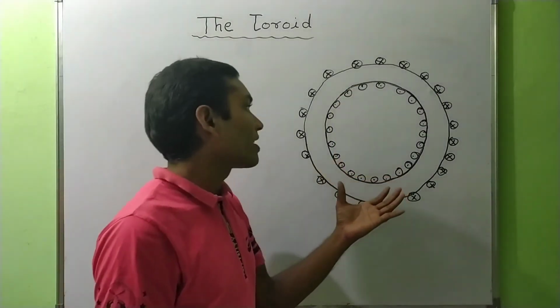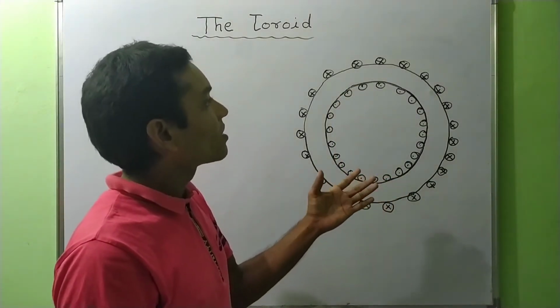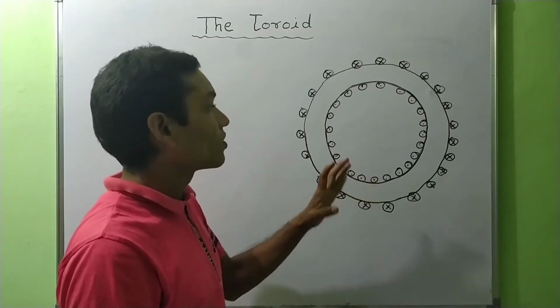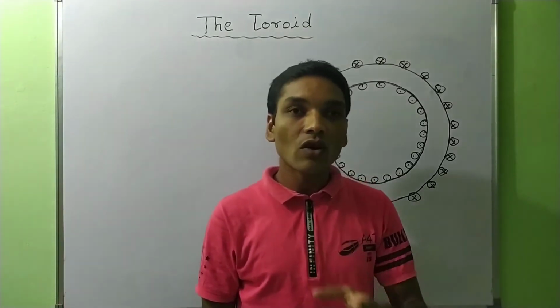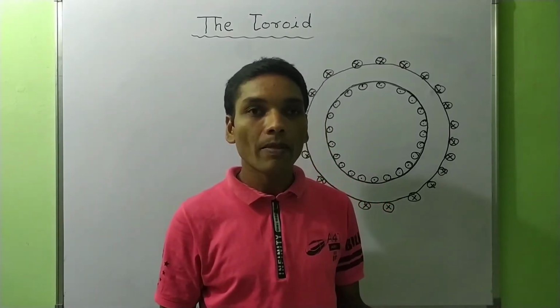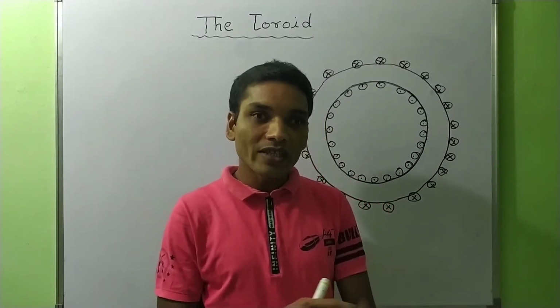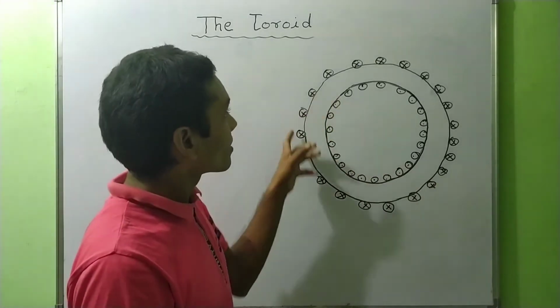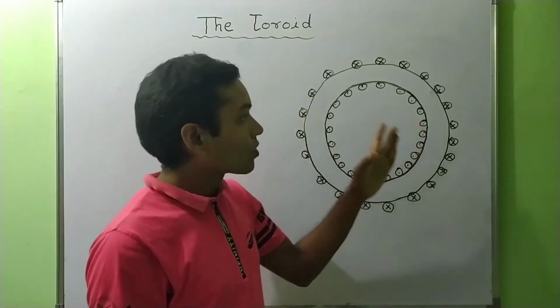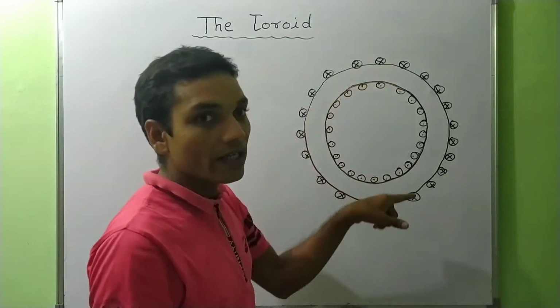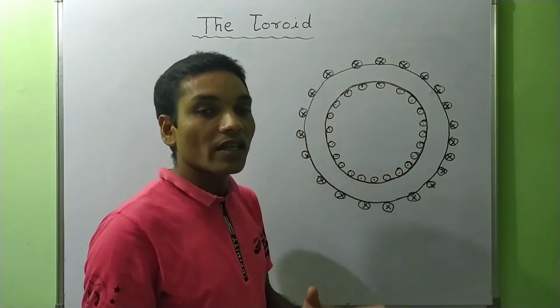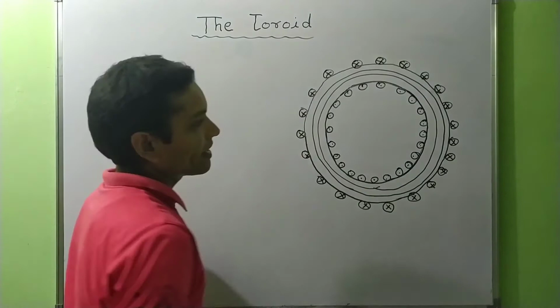Because this toroid is the same as a solenoid, and we know that inside the solenoid the magnetic lines of force are parallel, but the solenoid is straight and this is circular. So the magnetic lines of force inside the toroid will be concentric circles like that.